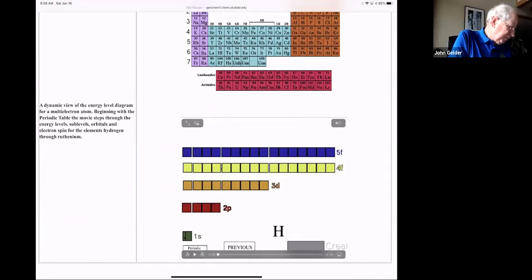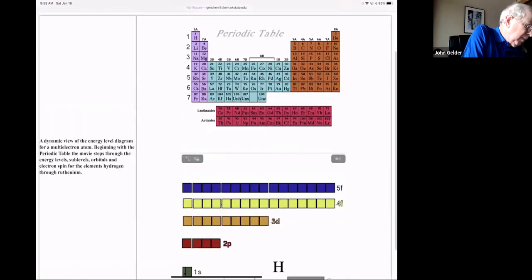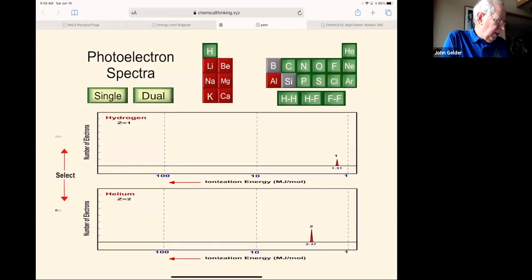And also, Lou, there is a link to a set of PES spectra that teachers or students can look at.